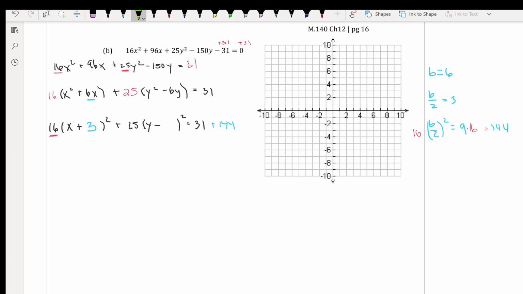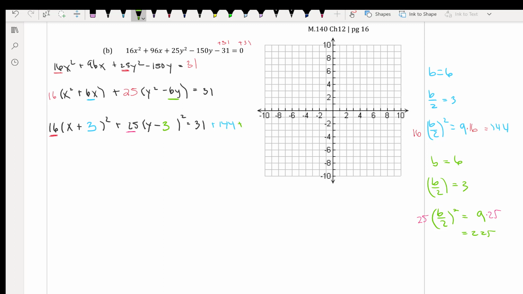Now, for my other b value is here. It's also 6. So really, I'm going to have the same thing, except the only difference here is the number out in front. The number out in front in this case is 25. So I'm going to have 9 times 25, which is 225. So now I have all of my moving parts. So my b divided by 2 that I'm plugging in is going to be my 3.